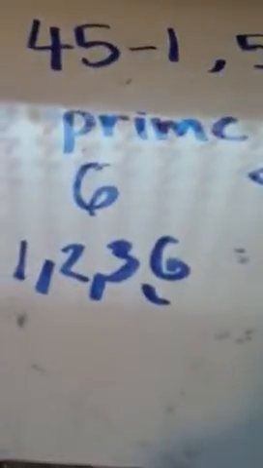If you went to the next even number, 8, it's going to have 1, 8, 2, and 4. If you went to the next even number, 10, you'd have 1, 10, 5, and 2. So you can see the pattern here that no matter what even number you go to, it's always going to have that 2 as a factor. So most of your prime numbers are going to be odd.